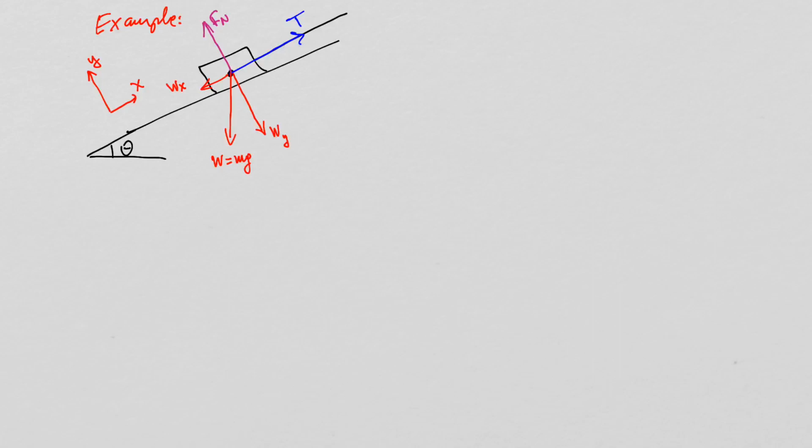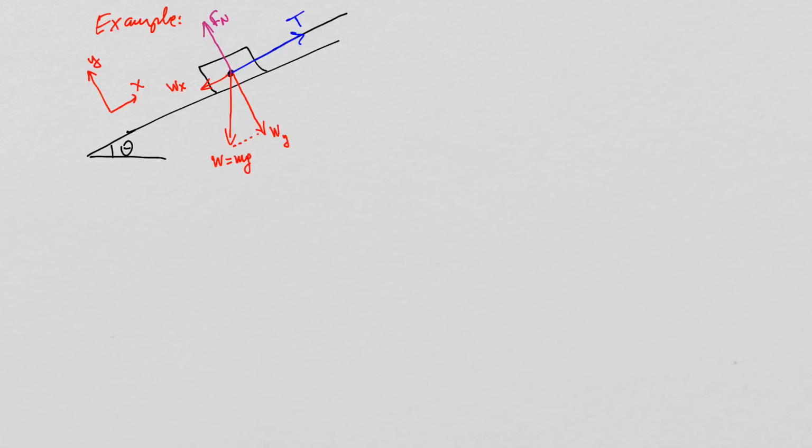Now, since I want to find the x and y components of the weight, I need to know an angle here in this triangle. This triangle is formed essentially by the weight, the x component, and the y component.